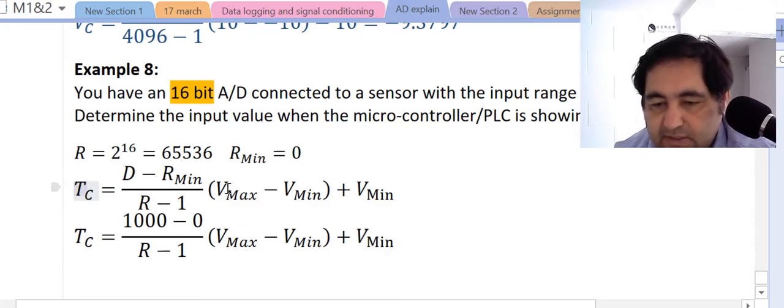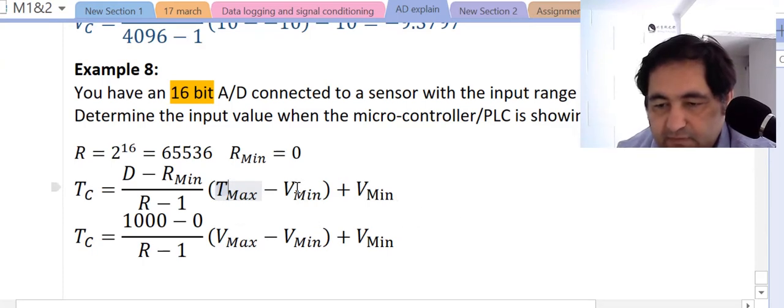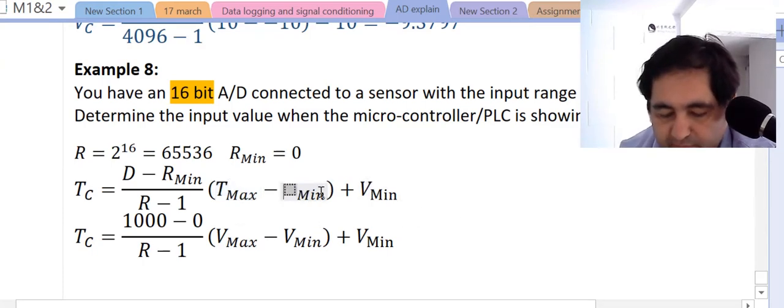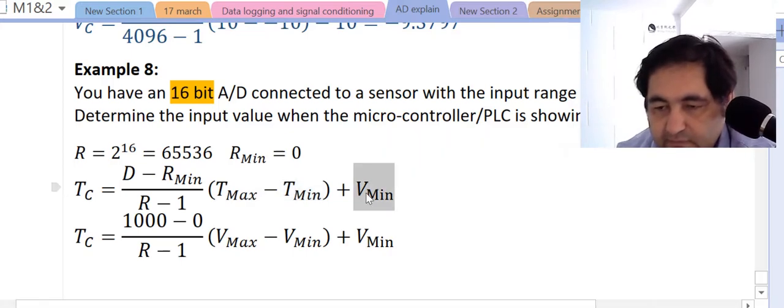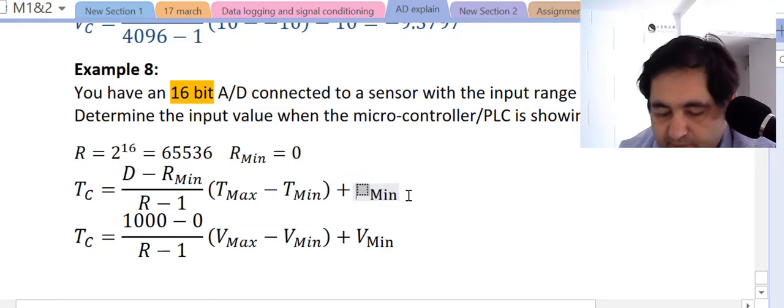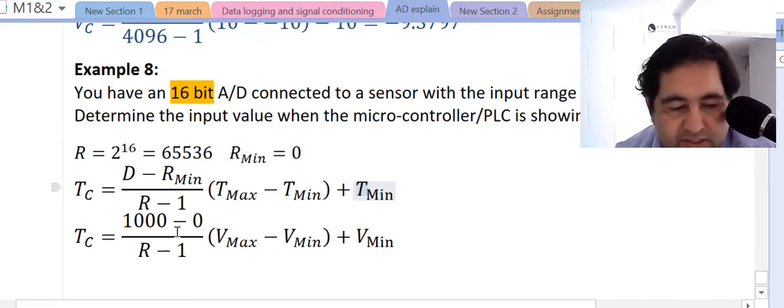Instead of V maximum I have T maximum, and instead of V minimum I have T minimum. So everything basically turned to time, not temperature.